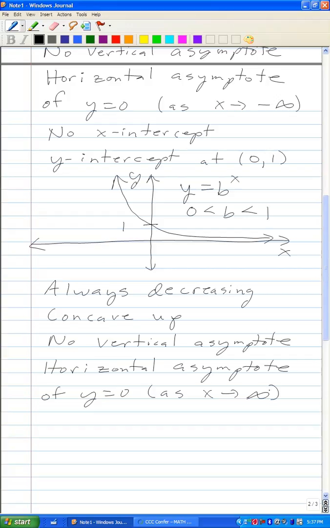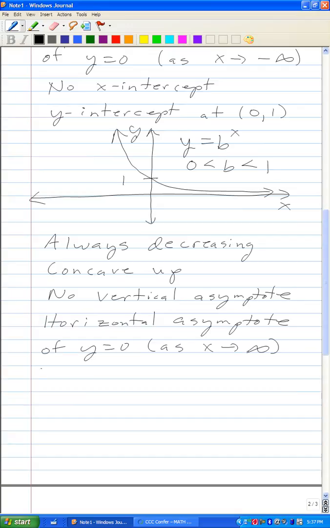So for very large values of x, it has no x-intercept. And the y-intercept is still at 0, 1.